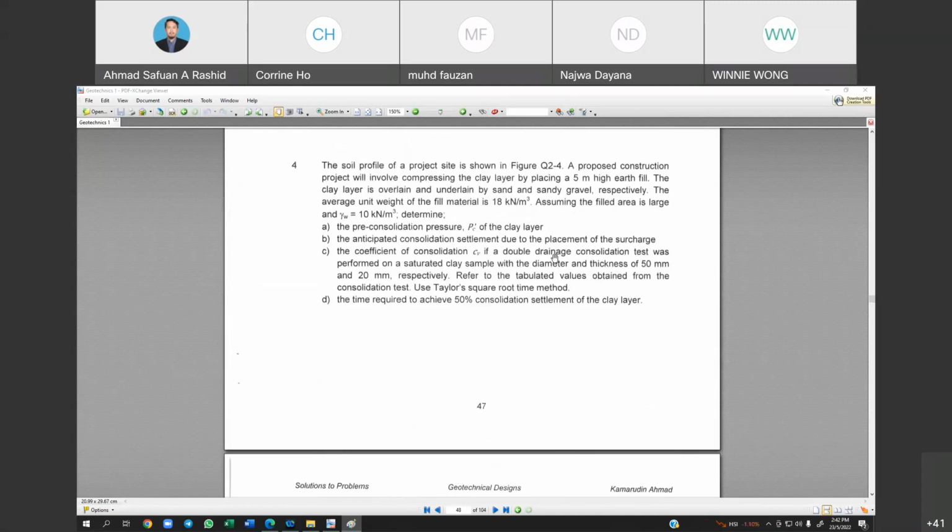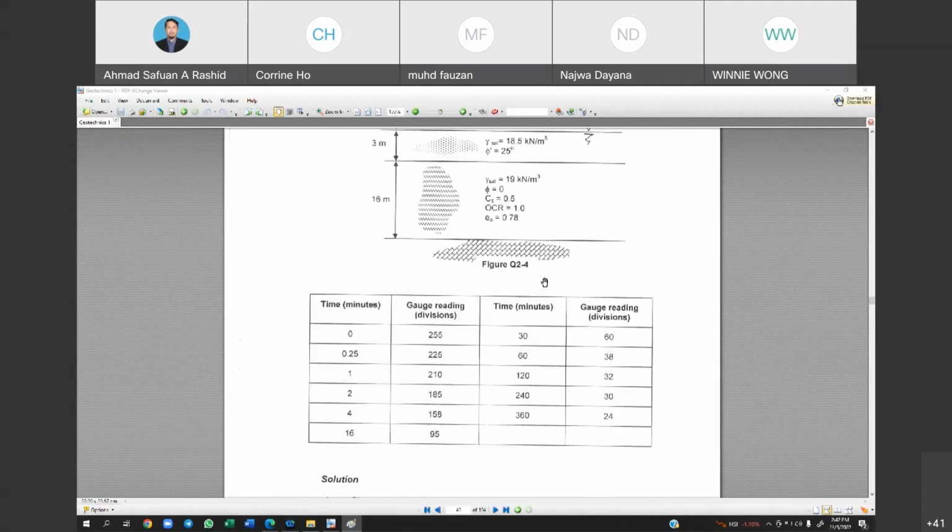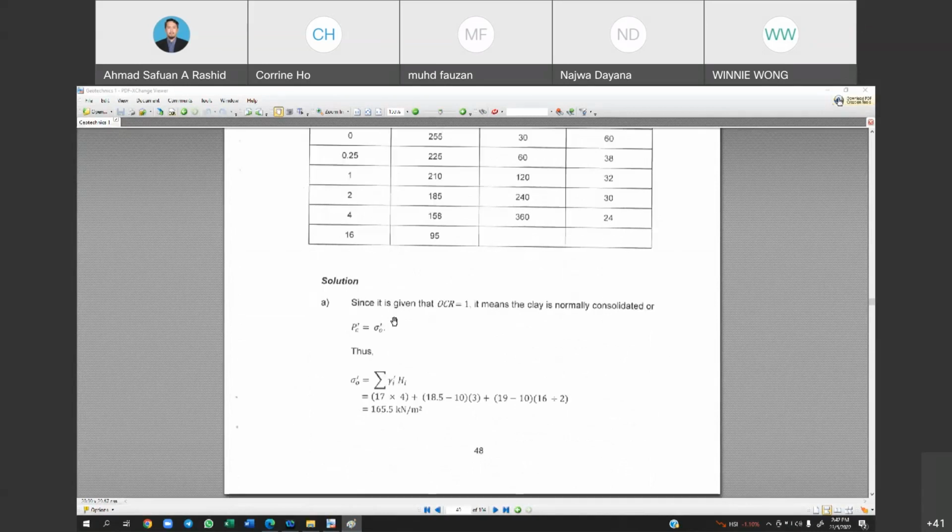So how to determine the PC? The PC should be equal to the effective vertical stress. Since it is given that OCR is equal to 1, it means the clay is normally consolidated, or PC is equal to sigma naught.